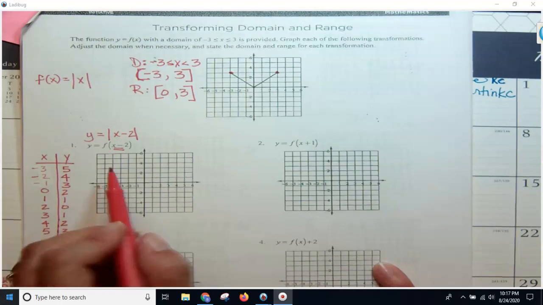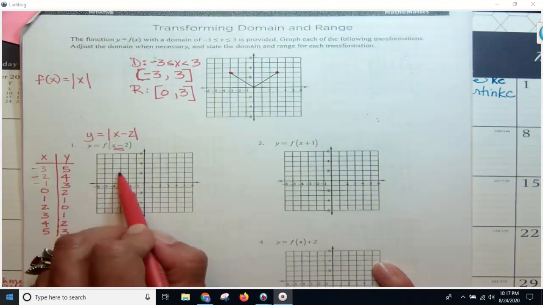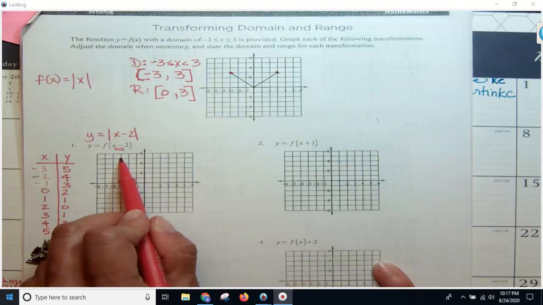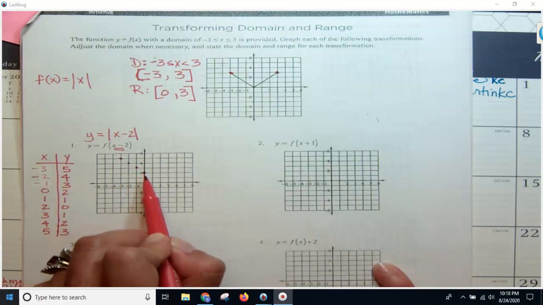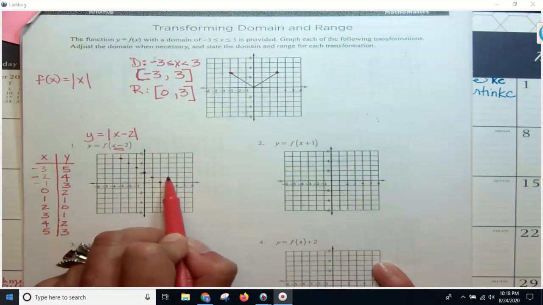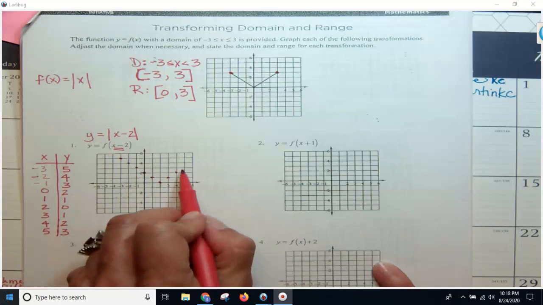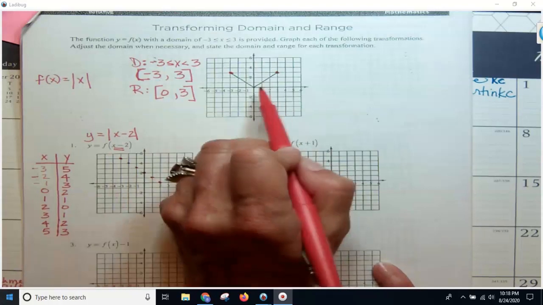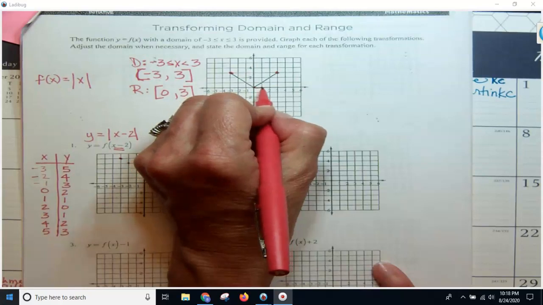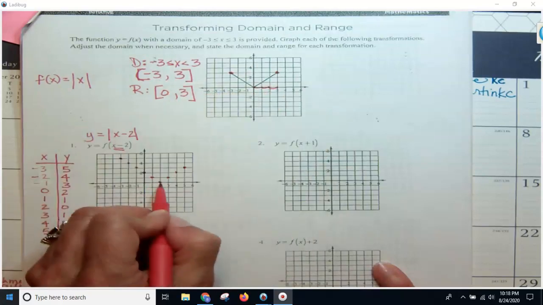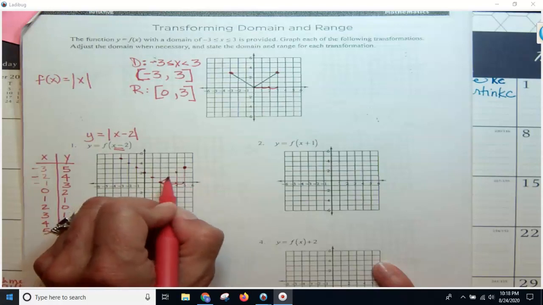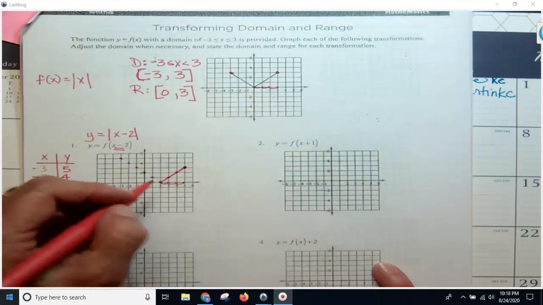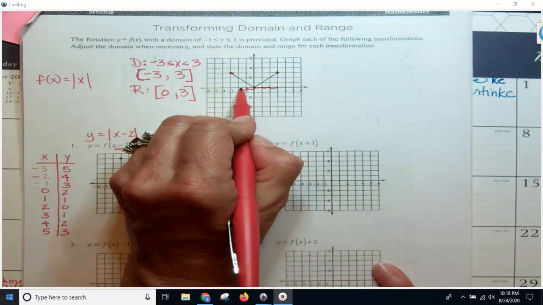So if I graph this, and I'll tell you why I went that high to begin with, I'm going to notice that here are these points, coming on down like this. And what I notice is this has 1, 2, 3. So I want my V to have 1, 2, 3. So it's going to stop here because I'm trying to mimic this V right here, and it has 1, 2, 3.